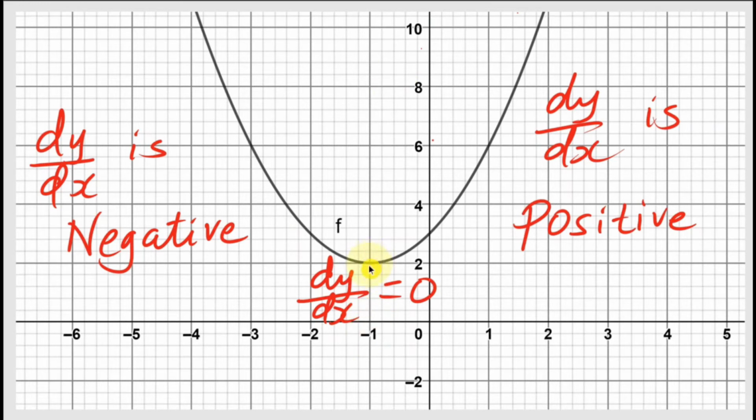This is the point. So as one moves from the left through this point to the right, the gradient changes from negative to positive. That is what we mean. I hope that is clear.